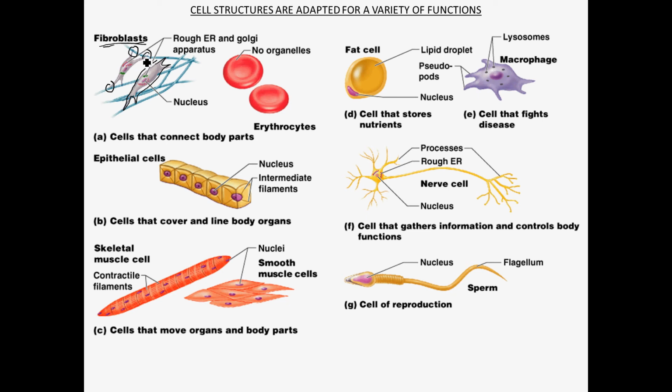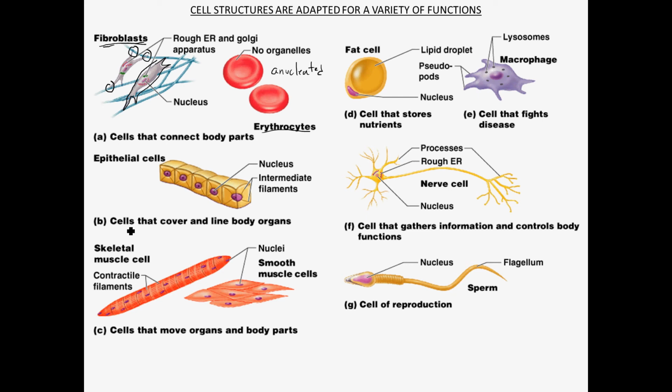So they're sort of connecting those fibers together and creating this mesh that other cells could sort of live in there. Right? Erythrocytes are red blood cells, and these are unique because they are anucleate. They're anucleated, as there's no nucleus in there, and they will move all throughout the body.